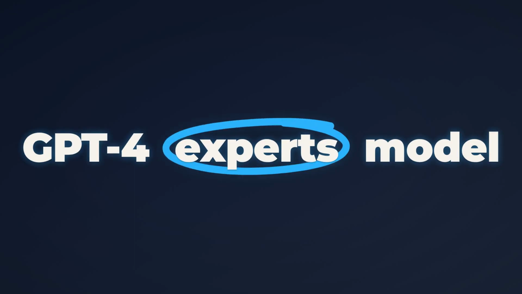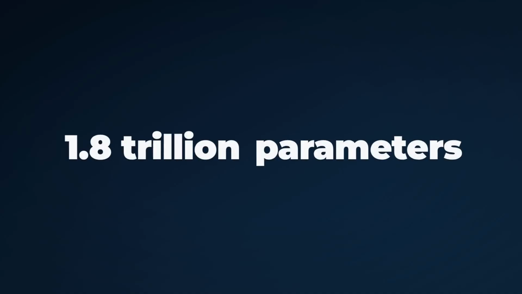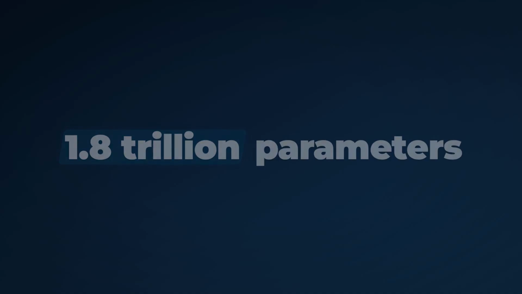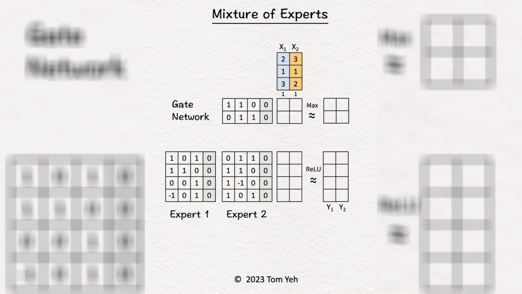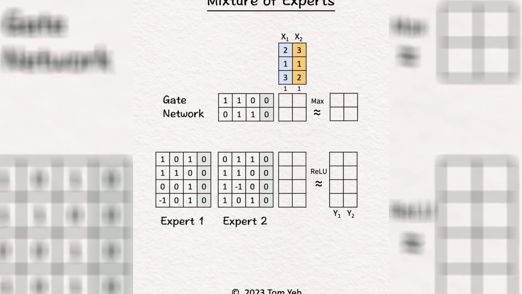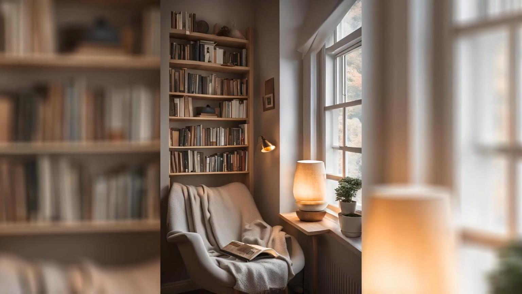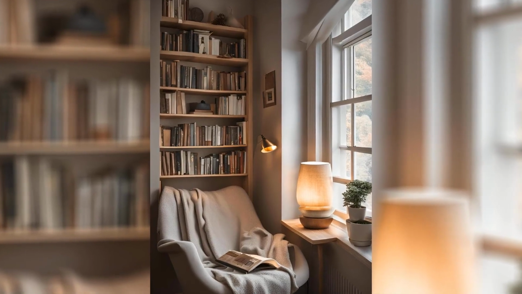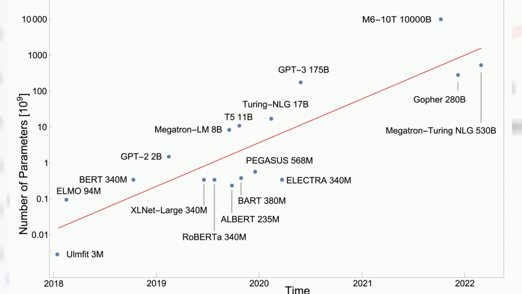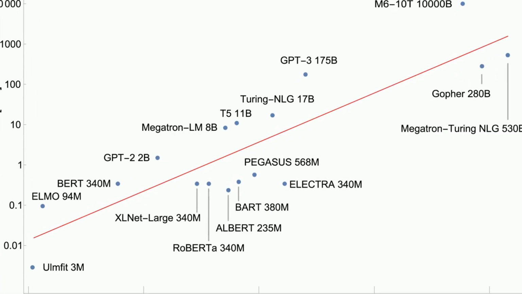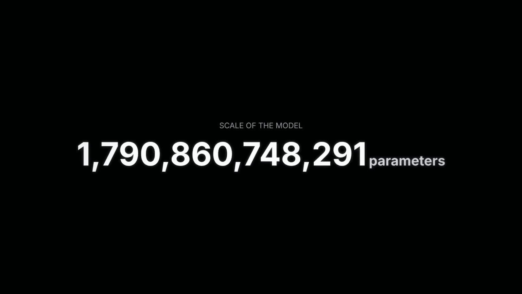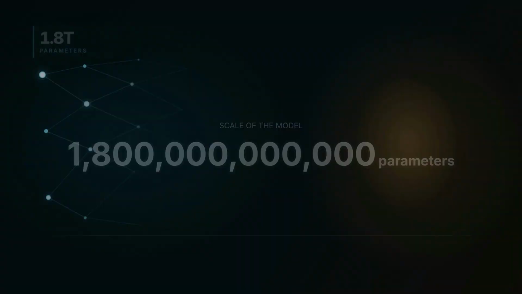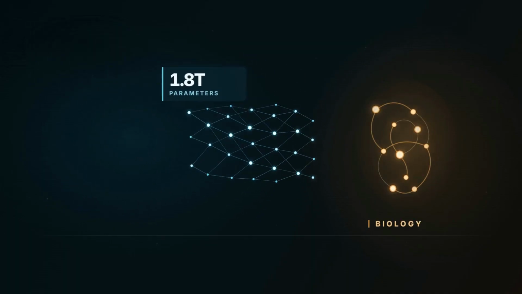GPT-4 is widely reported to be a mixture of experts model with around 1.8 trillion total parameters, using 16 experts of roughly 111 billion each. 60 million to 1.8 trillion in roughly 12 years, a trajectory the AlexNet authors saw coming from the end of their own paper.